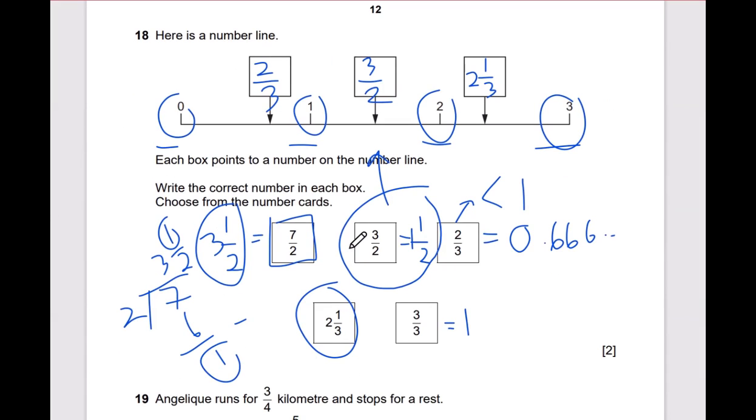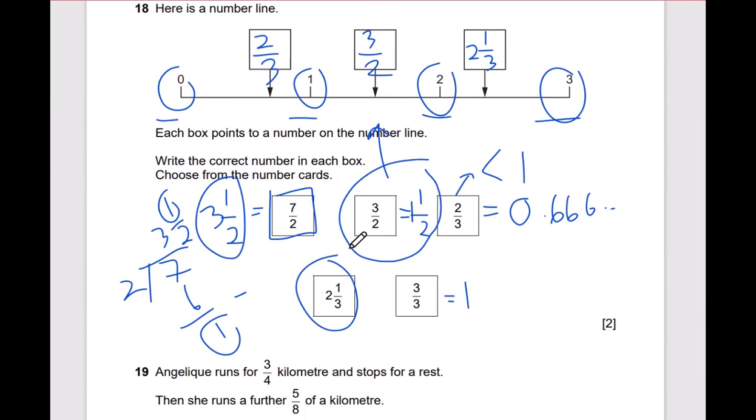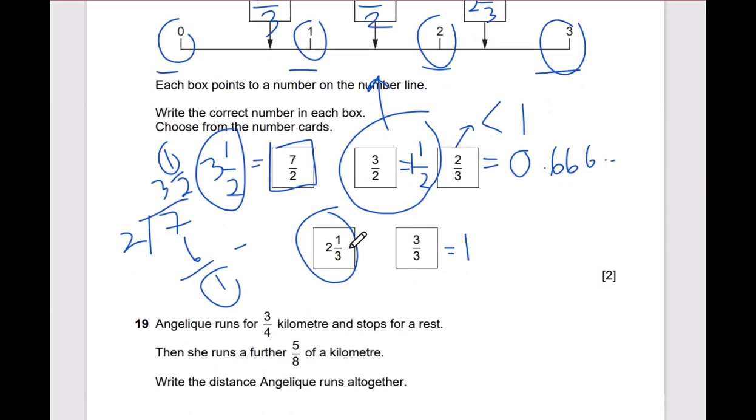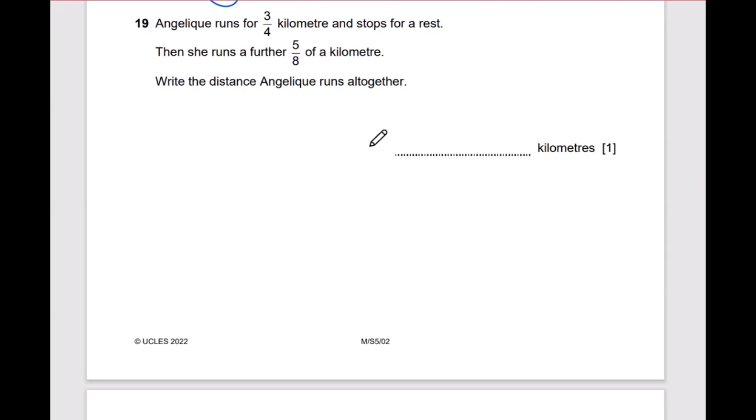So number 18, and then we see number 19. Angelique runs 3 over 4 kilometers and stops for a rest. Then she runs a further 5 over 8 of a kilometer. Now write the distance Angelique runs altogether. Okay, guys, let's check it out.